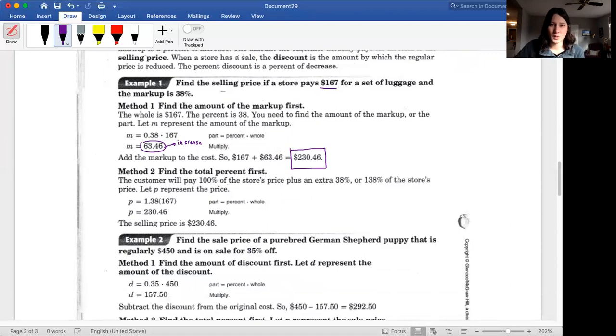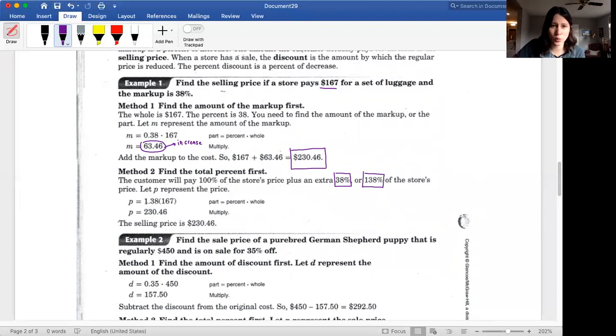There's a second way of doing this. The second way is by adding the percentage and 100% of the price together right at the beginning. So if the customer is going to pay 100% of the store's price plus an extra 38%, we can calculate it as 138% of the price.